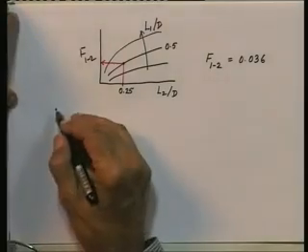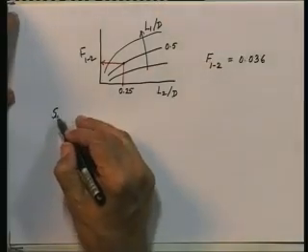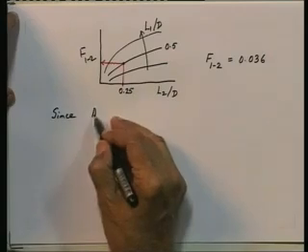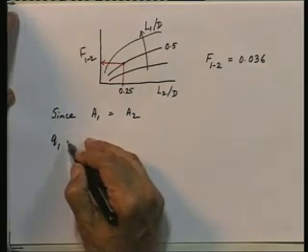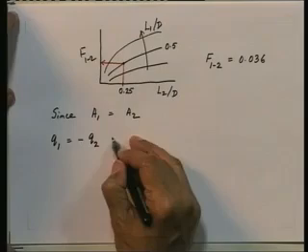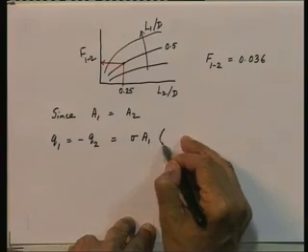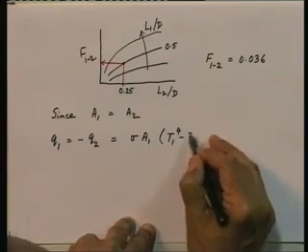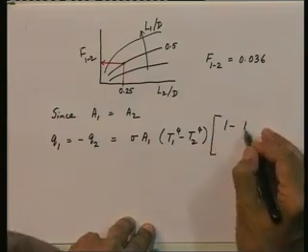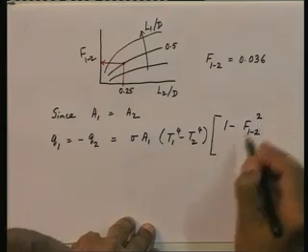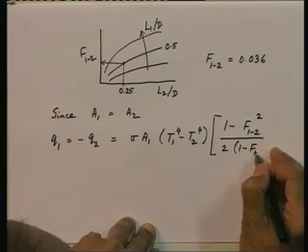Okay. Now let us substitute into the expression that we have for q 1 and q 2. We have also in this particular case A 1 is equal to A 2. So, since A 1 is equal to A 2, our expression for q 1 equal to minus q 2 in this particular case becomes sigma A 1 T 1 to the power 4 minus T 2 to the power 4 within square bracket 1 minus f 1 to 2 the whole squared divided by 2 into 1 minus f 1 to 2.